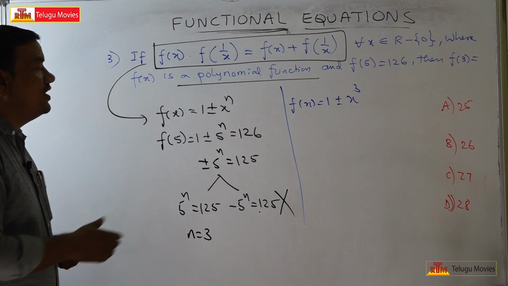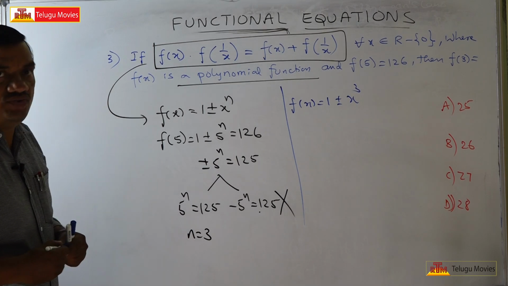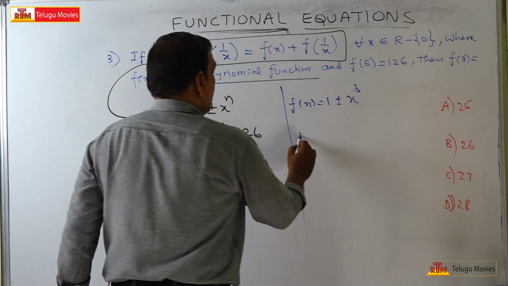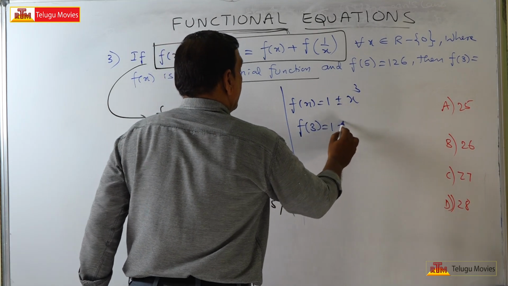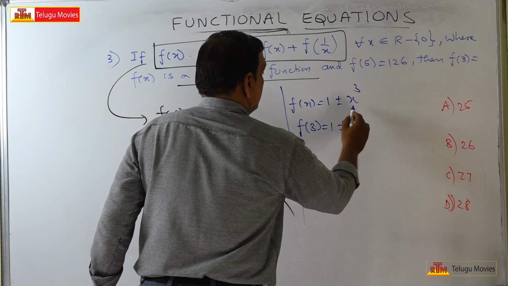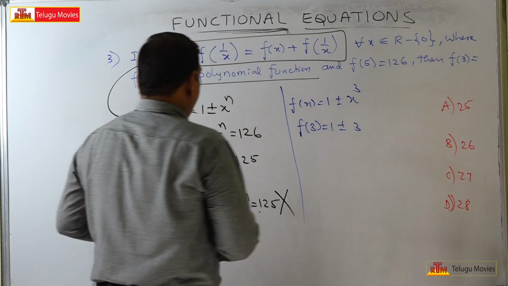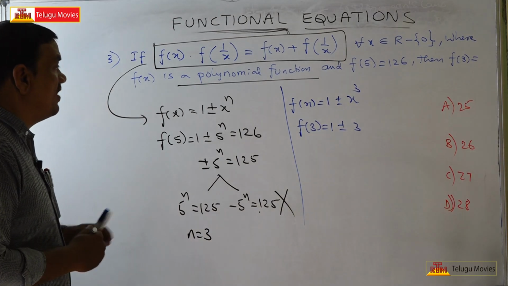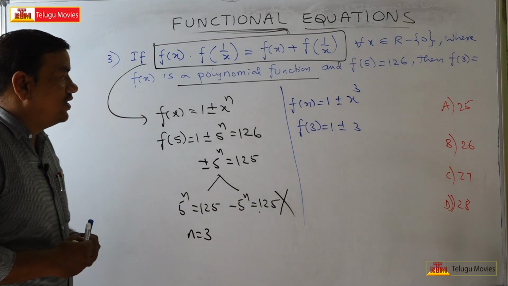Understand this? Now we are asked to find f of 3. So your f of 3 is equal to 1 plus or minus x cube, where x power n has n value 3.